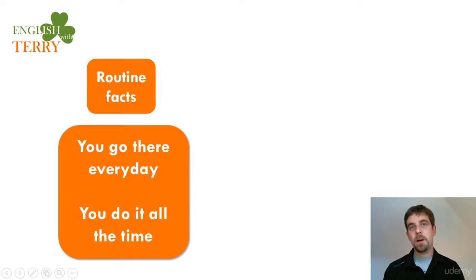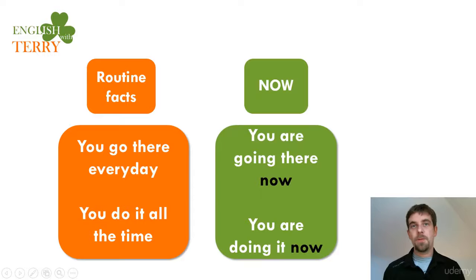When we talk about two basic ideas, one idea is about routine and facts: you go there every day, you do it all the time. When you describe your life, that's routine or facts. Another idea is about now, with the ing: you are going there now, you are doing it now.